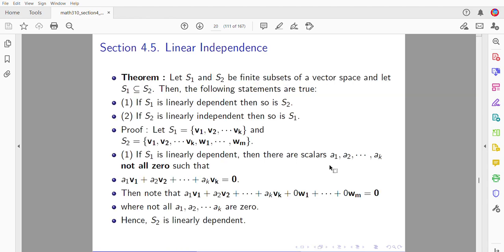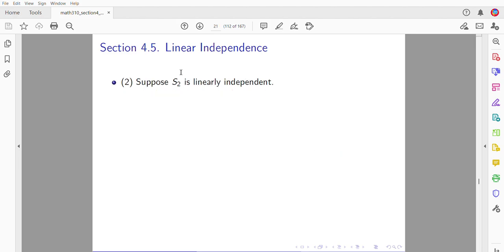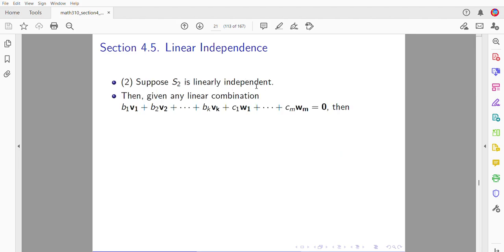Let's look at part 2. The bigger set, suppose it is linearly independent. What does that mean? Take any linear combination of the bigger set resulting in 0, then the coefficients have to be 0. That's the only possible solution.